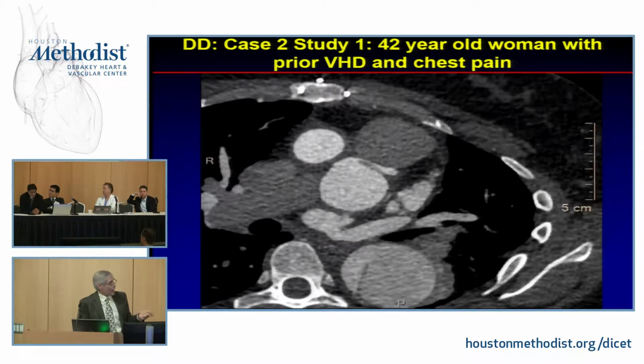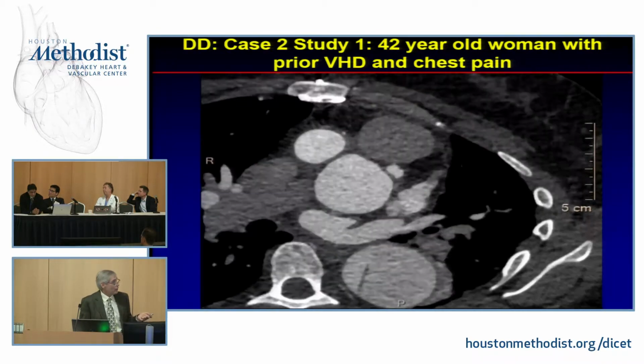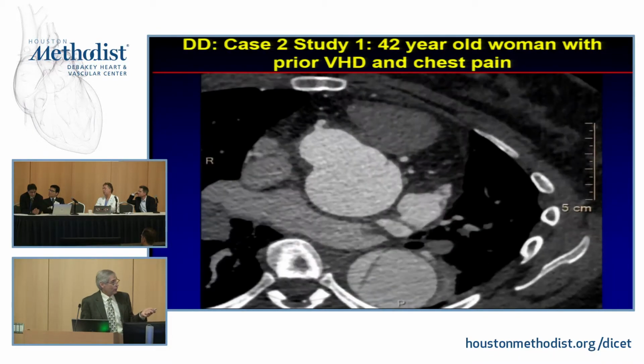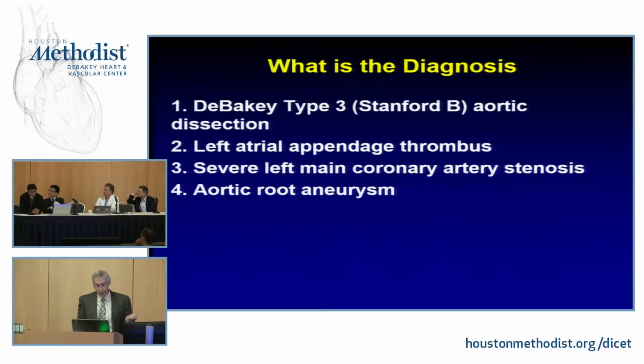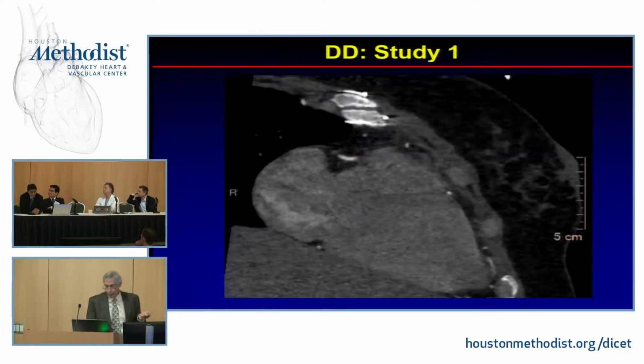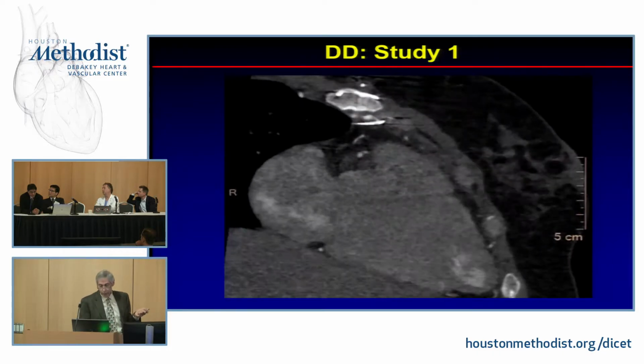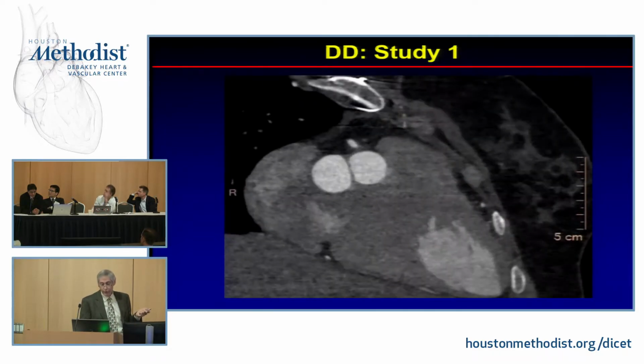I don't see any plaque per se, but the left main looks awfully narrowed there, okay? But what is this thing? Okay, well, that's an aortic root aneurysm, and if you look at it this way, you can get a better feeling for that.